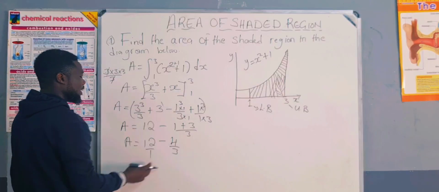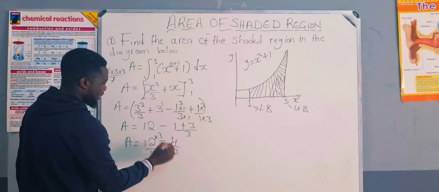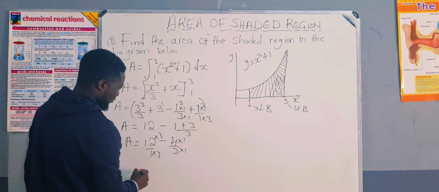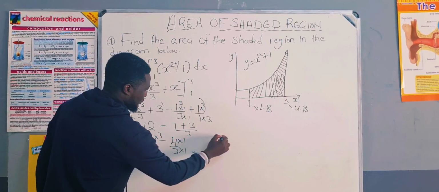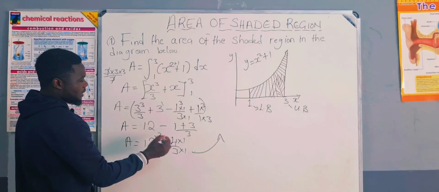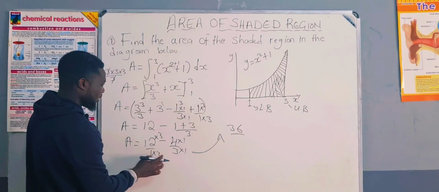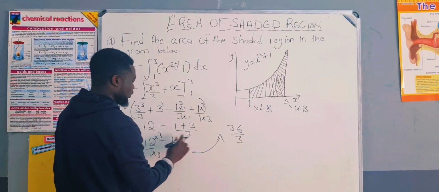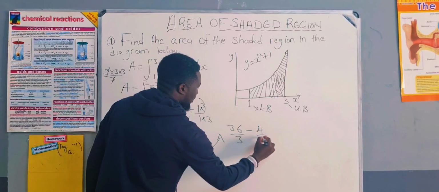So this is a fraction. Again, I'll make the denominators the same by multiplying this side by 3, and then by 1. Let's check: 12 times 3 is 36, over 3, minus 4 over 3.